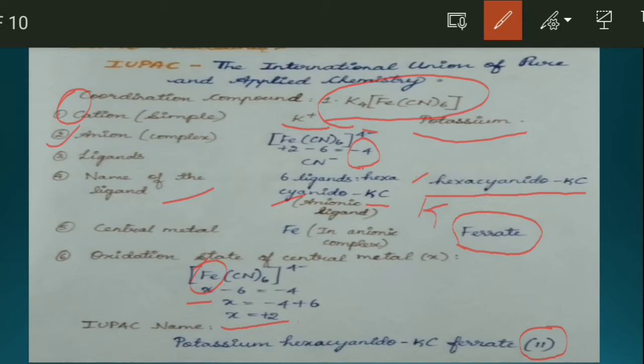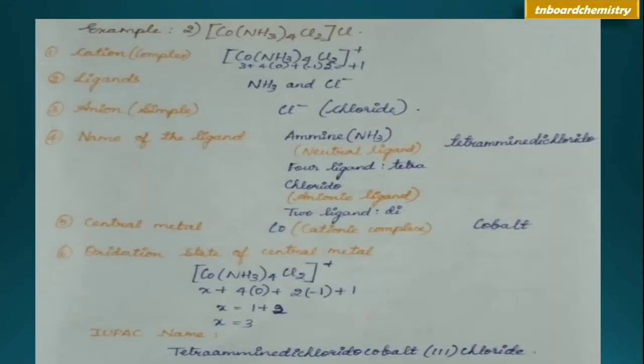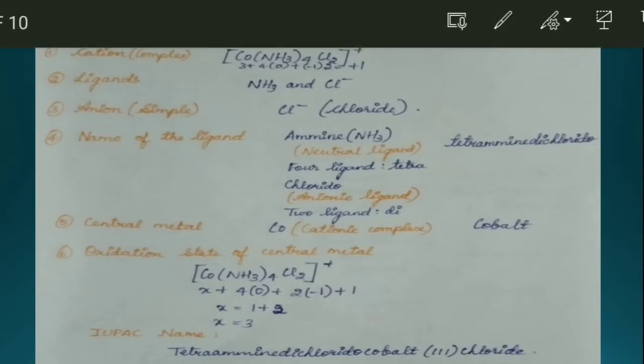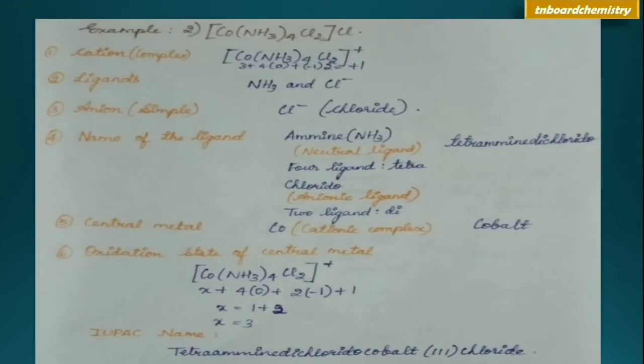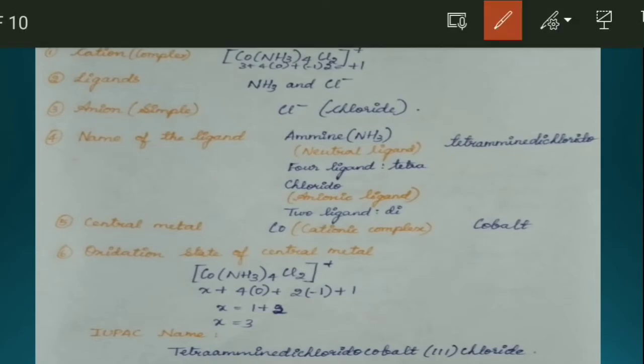See, we are going to the next example. So the next example is [Co(NH3)4Cl2]Cl. As per the order, we are going to write first the cation, next the anion, next the ligands. See, first the cation.